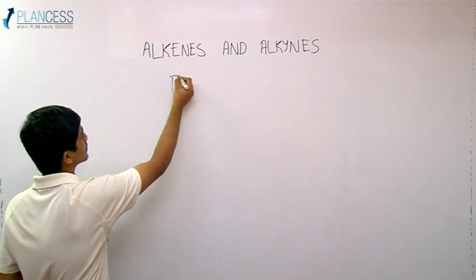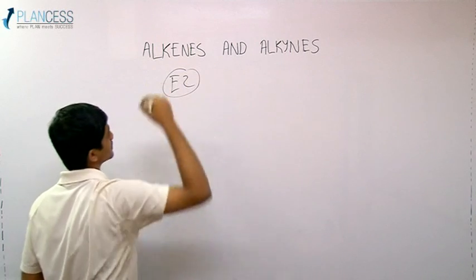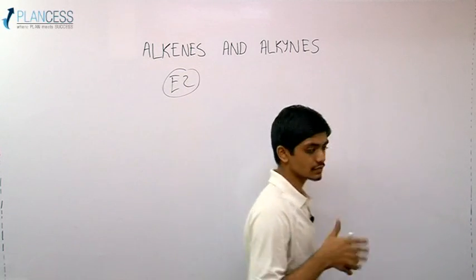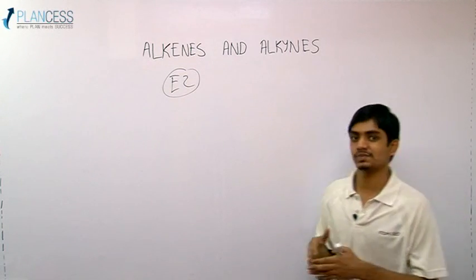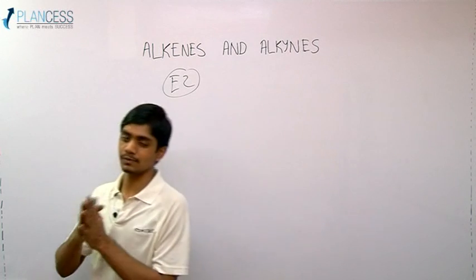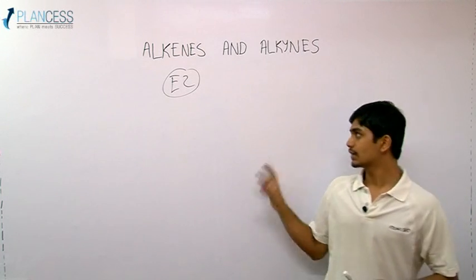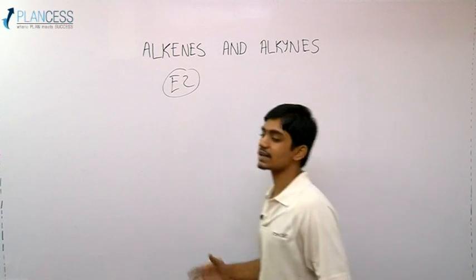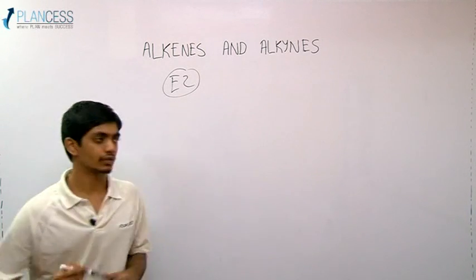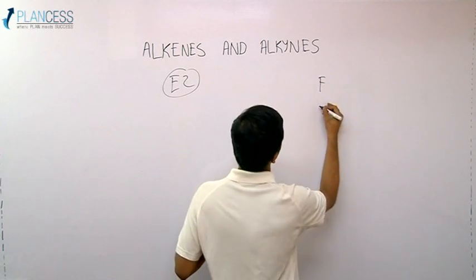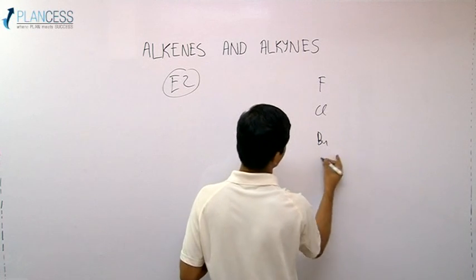especially the E2 reactions, in which we know that the reaction takes place simultaneously, that is, the base abstracts the proton and then the halide will leave, giving you the alkene. But I would like to just discuss the rates of different halides, for example fluoride, chloride, bromide and iodide.